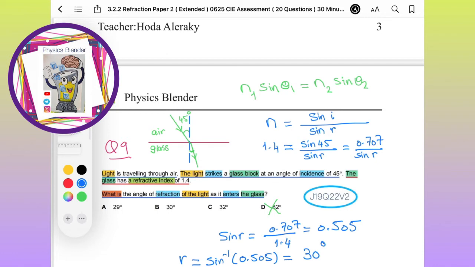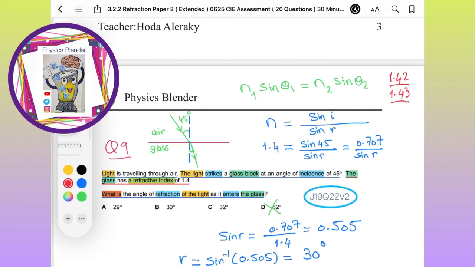Again, one more time, only the final answer should be rounded. If you have, for example, two different media, one of refractive index 1.42 and another one 1.43, they are two different media, and each one has its own refractive index.